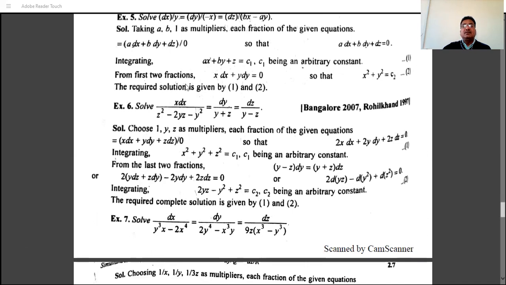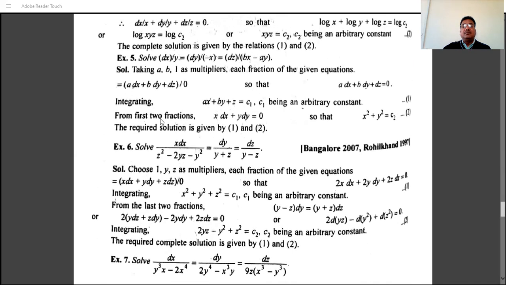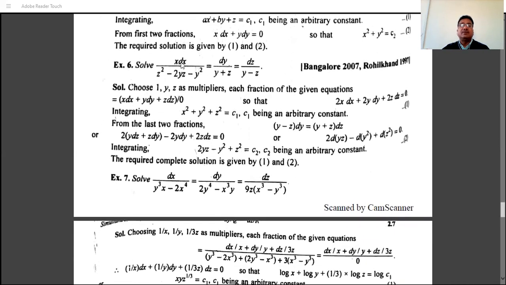Then by considering the first two fractions, since z is absent in them, after integration we have x square plus y square is equal to C2 as the second solution. So in this example the first solution is obtained by method number 2 and the second by method number 1. The combination of the two methods, 1 and 2, gives the general solution of the given differential equation.